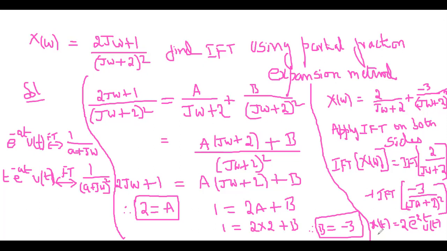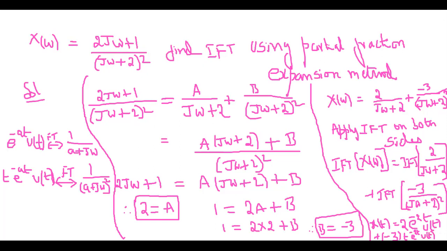And coming to the second term, plus, here the minus 3 is a constant. Minus 3. Now 1 by a plus j omega whole square. See the 1 by a plus j omega whole square. What is the a here? The 2. It is t into e power minus at mu of t. It is a function as minus 3 into t e power minus 2t mu of t.